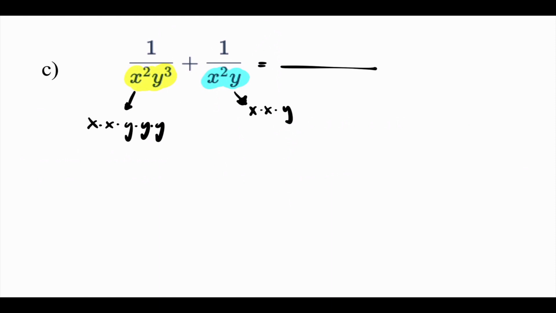So the first guy, he's got 2 x's and 3 y's. So the second guy has just 2 x's and 1 y. Yeah, the second guy needs 2 more y's. So the common denominator, because they're both the same now, is x squared, y to the third.